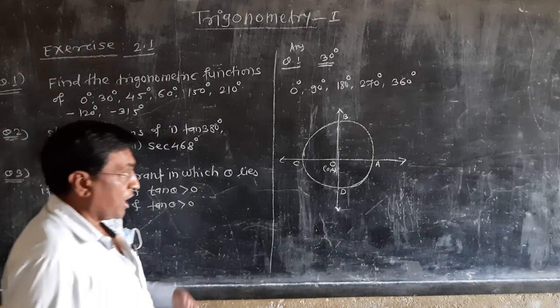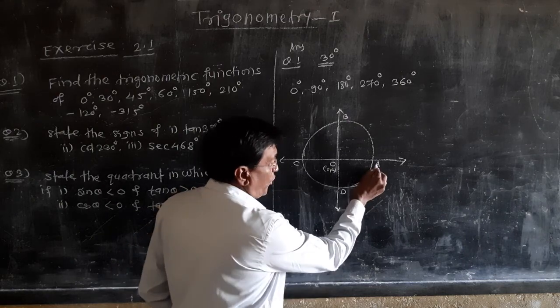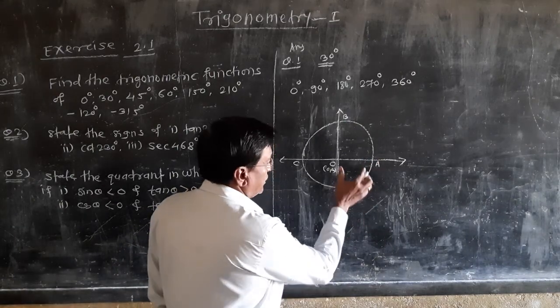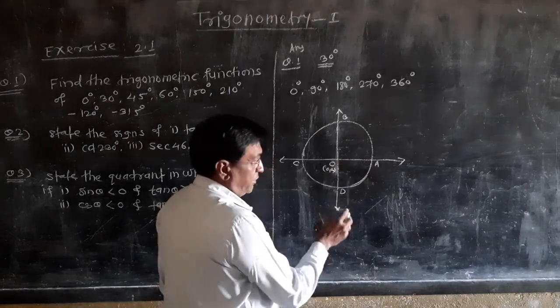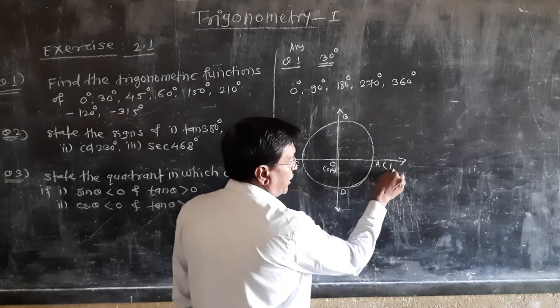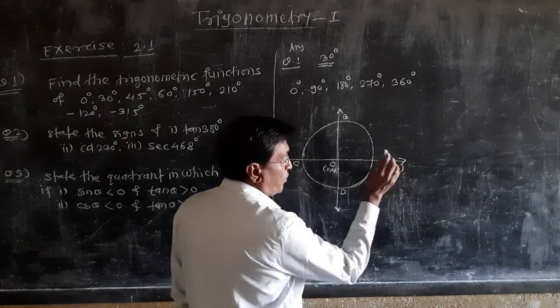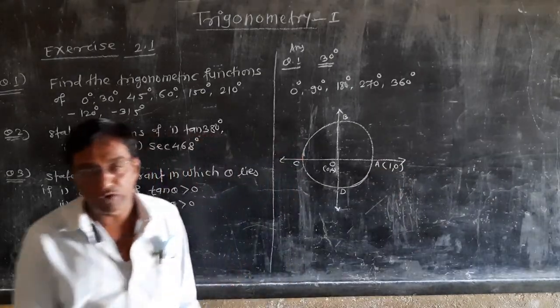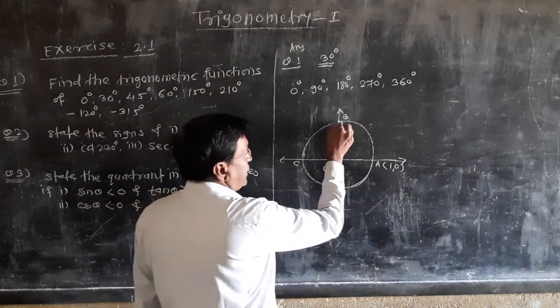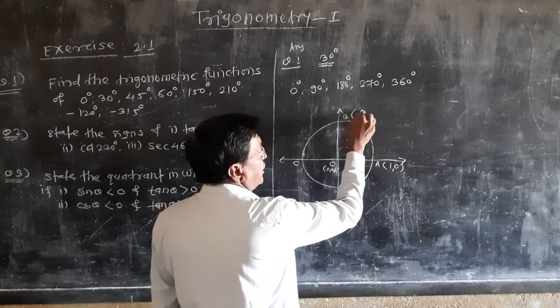And now next assume that this point A is along the positive x-axis, and this distance is 1, and so that's why the coordinate of point A is 1, 0, because its y coordinate will always be 0, because that point is on the x-axis. Now this point will be on the y-axis, so that's why its x coordinate is always 0.